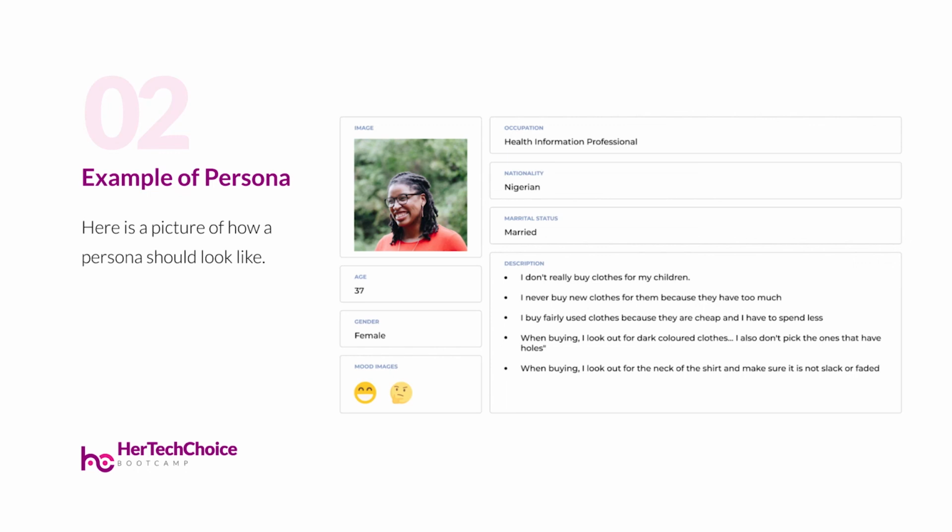And the rest, we gave a description according to the responses we got from our empathy interviews. Like, I don't really buy clothes for my children. I never buy new clothes for them because they have too much, and the likes.